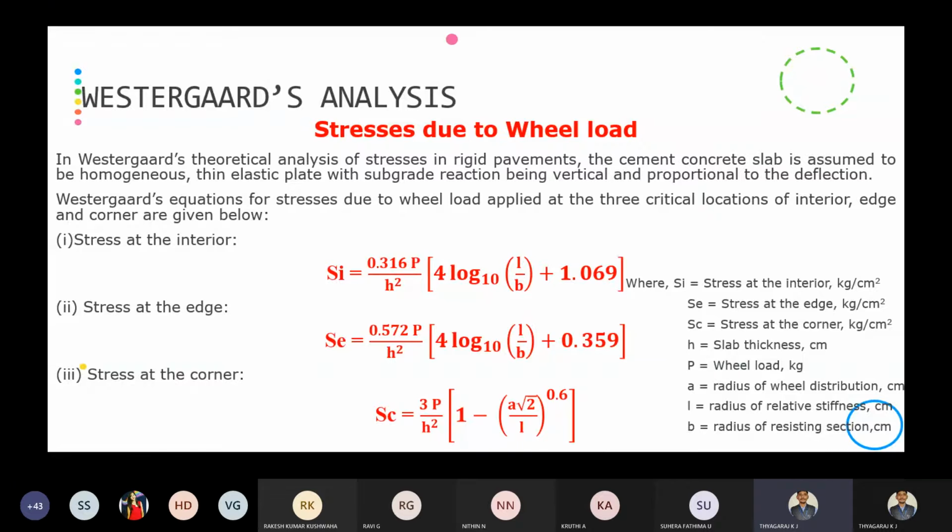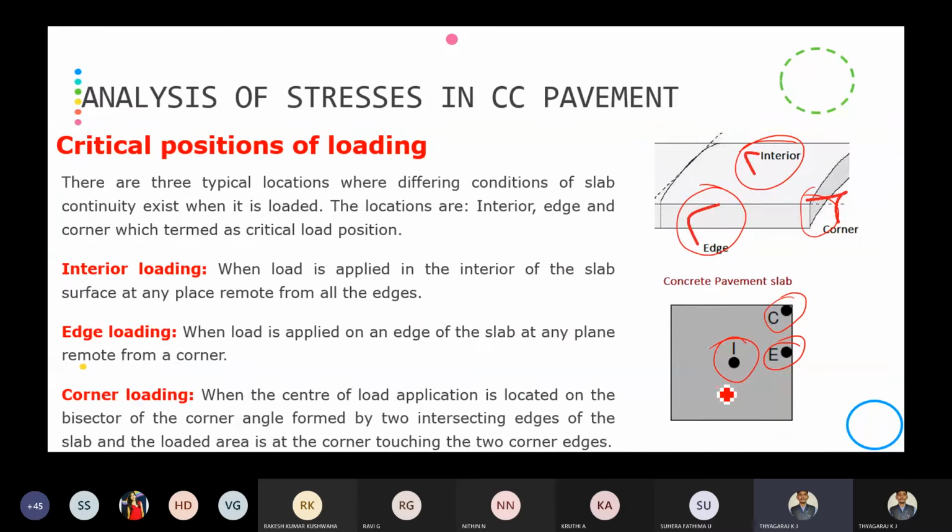He came up with the assumption that an elastic plate is resting on a viscous media, and there are three locations of critical stresses which develop in the rigid pavement. One is the interior portion, the critical location. At this interior portion, what will be the wheel load stresses? And at the corner, what will be the wheel load stresses?